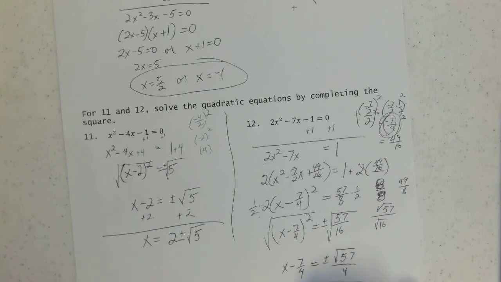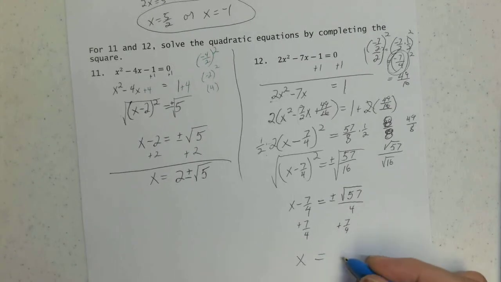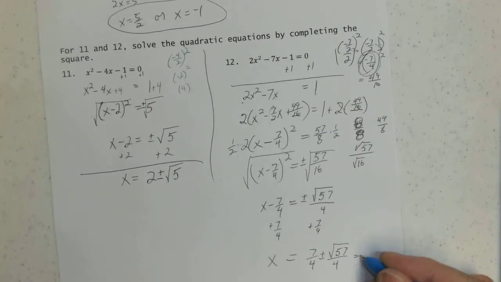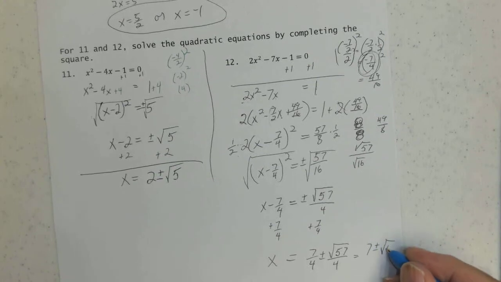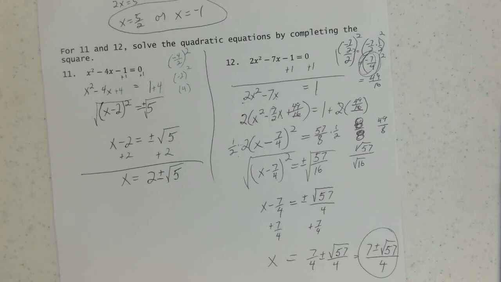And add 7/4 to both sides, and I have x equals 7/4 plus or minus square root of 57/4. So 7 plus or minus the square root of 57 over 4, if you want to write it as one single expression, either way is fine. Or you can write them 7 plus square root of 57 over 4, 7 minus the square root of 57 over 4.